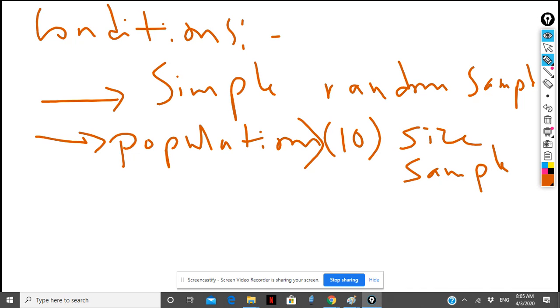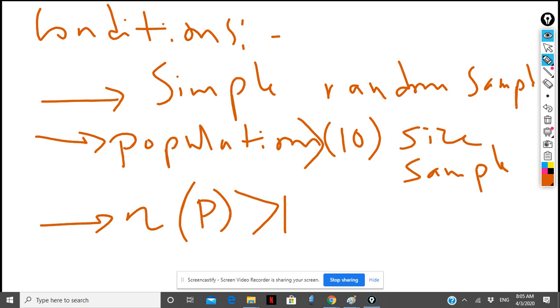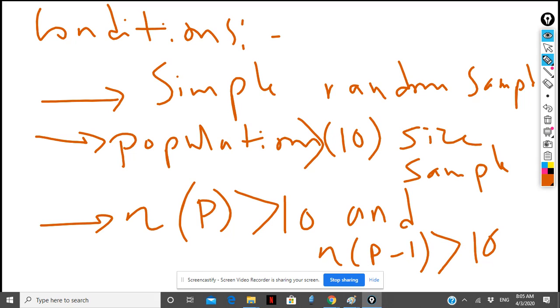So if I'm taking a sample, the sample size multiplied by 10 should be less than the population. Third, n times p should be greater than 10, and n times 1 minus p should also be more than 10.